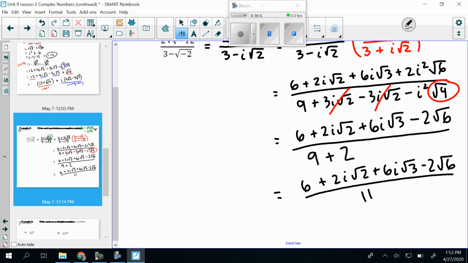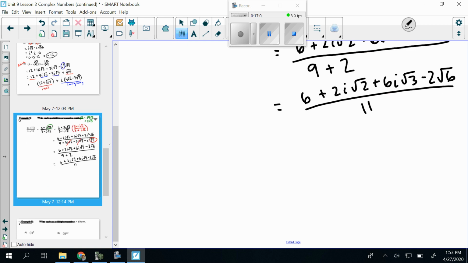Okay, so now to simplify to the answer, we want to split this up, that's a common denominator there, into its real part and its imaginary part. So the real part, this stuff doesn't have the I in it. The imaginary part, that's these two terms that have the I in it. So let's split that up.